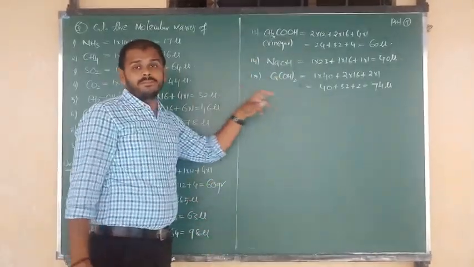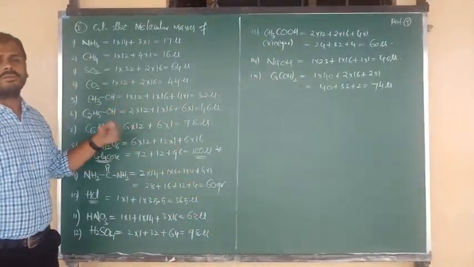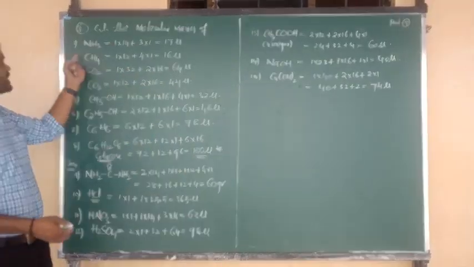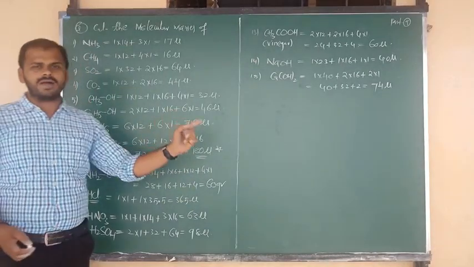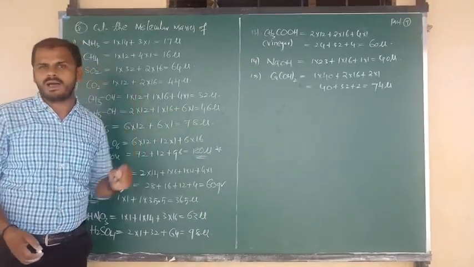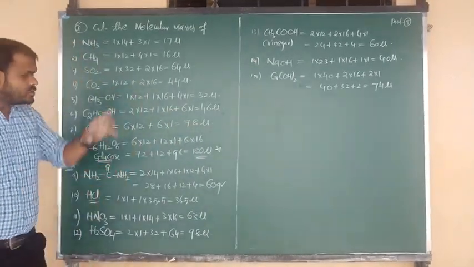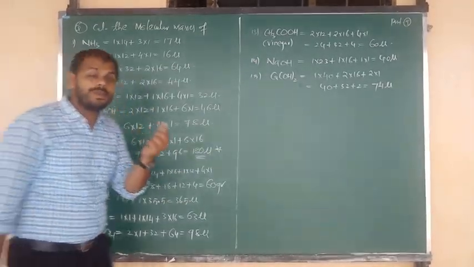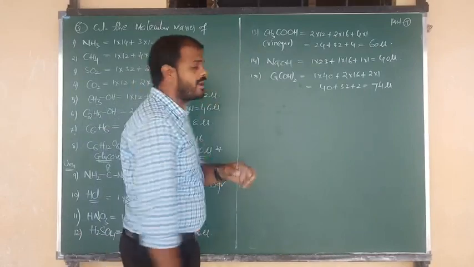Right, so in that manner, whatever the compound may be, what we have to do is take the sum of atomic masses of all the elements present in the respective molecule. That value is the molecular mass. So the calculation of molecular mass is clear, but one small change is there.